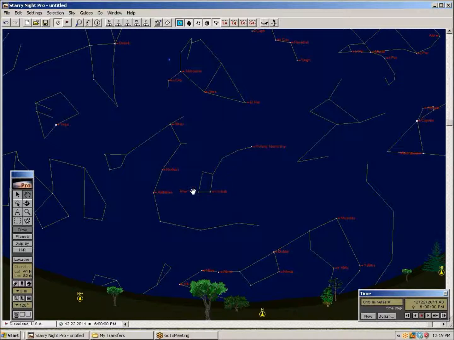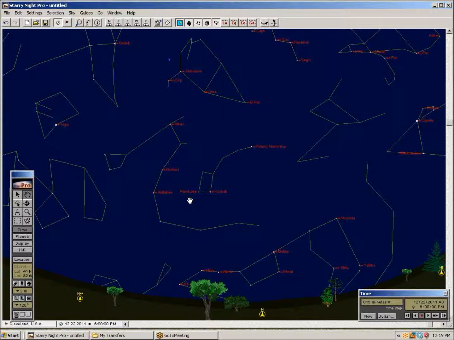And the shooting stars are going to come over in this area, like they're spilling out of this cup. Now, the radiant of the shooting stars is what the meteor shower is named after. So this Ursid meteor shower means that the radiant of the shower is in the constellation Ursa Minor.